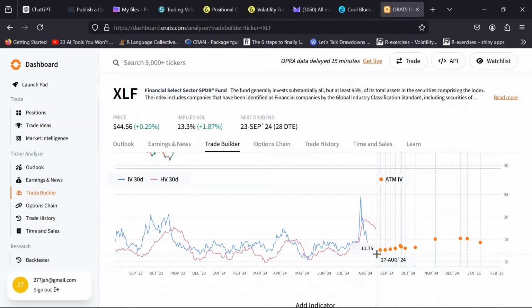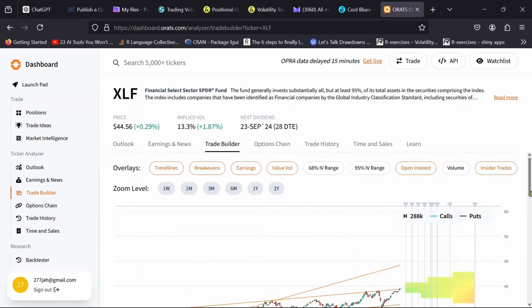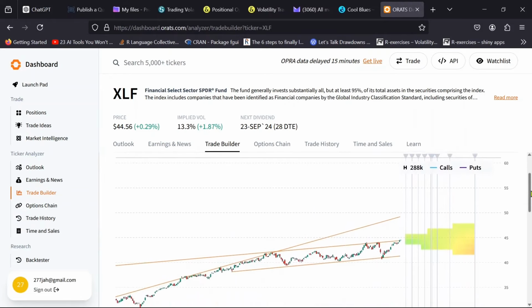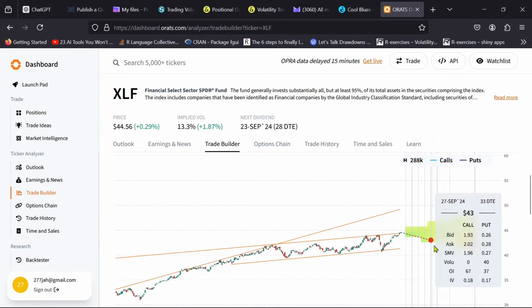Probably a good strategy would be, because I'm always into risk management, I don't like taking positions where you have no risk assurance.